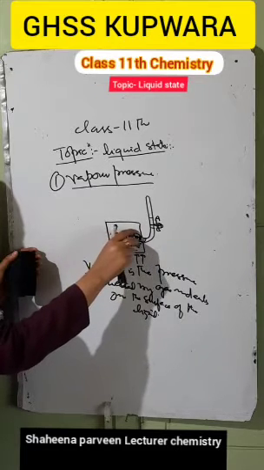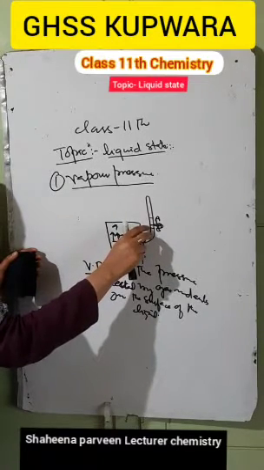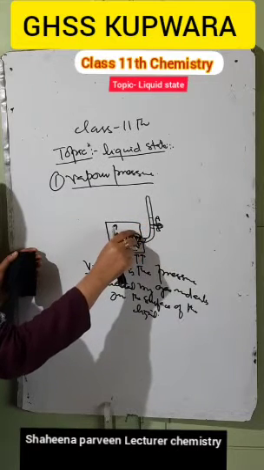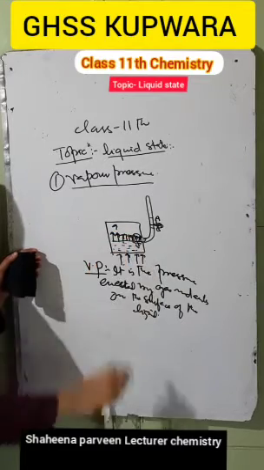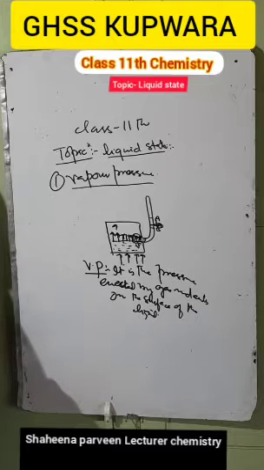So rate of evaporation became equal to the rate of condensation, and this state is called the dynamic equilibrium. And at dynamic equilibrium the pressure exerted by the vapors on the surface of the liquid is called the vapor pressure. And this vapor pressure is the property of the liquids, and this property depends upon the intermolecular forces.